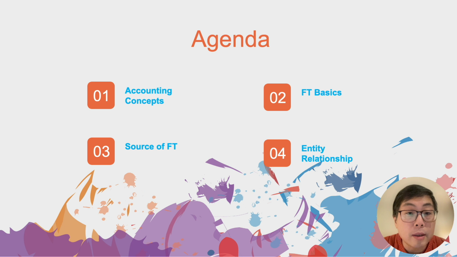Second, we'll look at the financial transaction basics. Third, we'll look at where financial transactions are generated. And last, we'll have a look at the entity relationships and see how they are linked with the other transaction data.